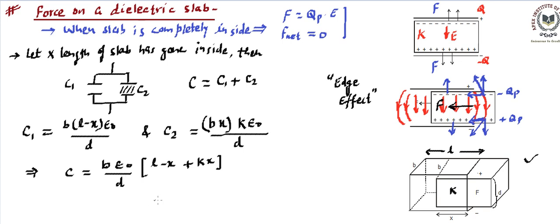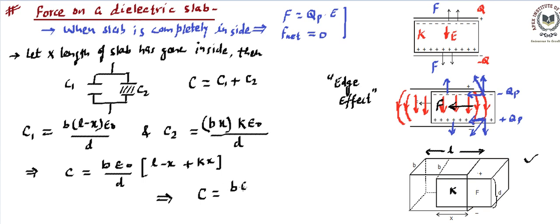So this is one important formula that will tell us what the capacitance of this partially filled capacitor is going to be in terms of X. And by putting various values of X, we can find out capacitances for various cases.